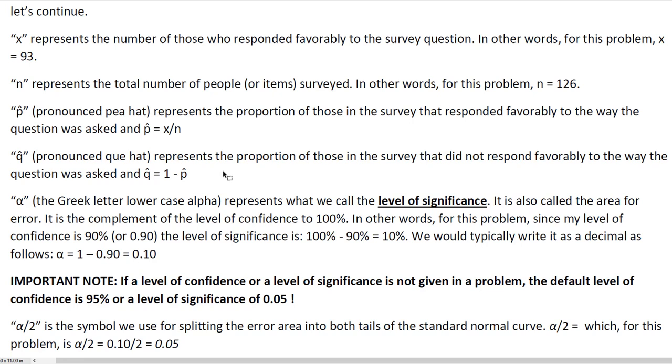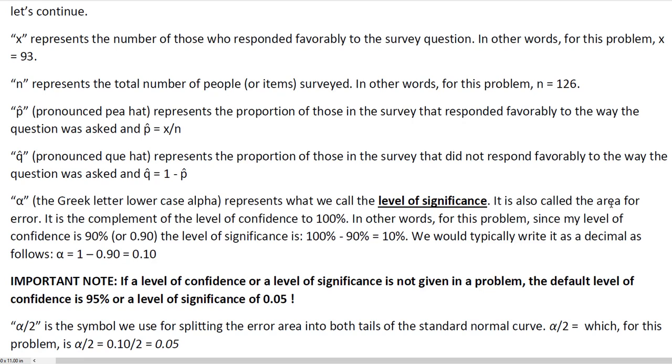The next thing that we're looking for is the Greek letter alpha, lowercase alpha. That represents what we call the level of significance, or the area of error. Alpha is always the complement of the level of confidence to 100%.